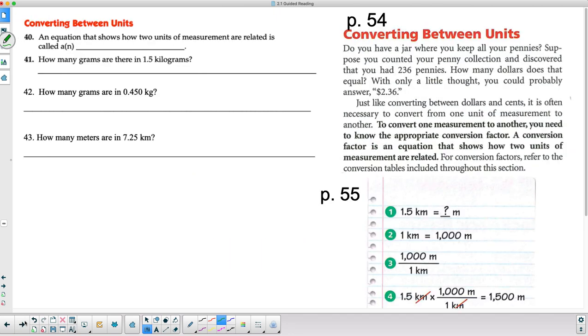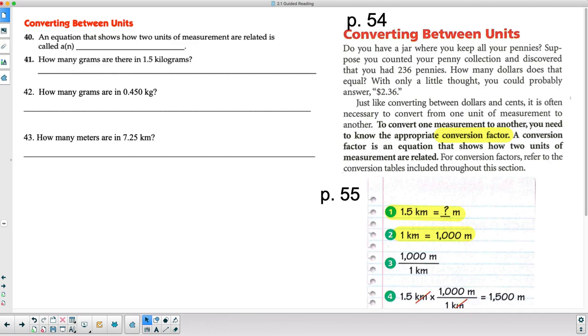Good. Moving on. Now converting. An equation that shows how 2 units of measurement are related is called a conversion factor. To convert from one measurement to another, you need to know the appropriate conversion factor. That's what we need. How many grams are there in 1.5 kilograms? Well, that would be this problem here. My conversion factor is 1 kilogram is equal to 1,000 grams.